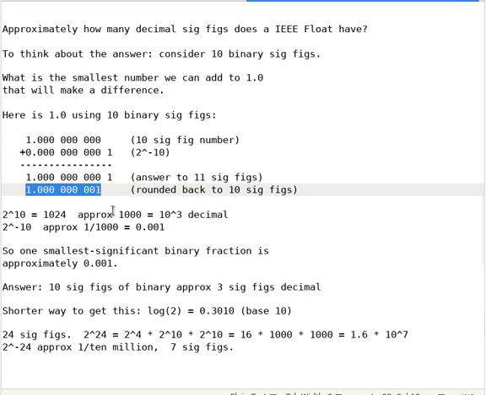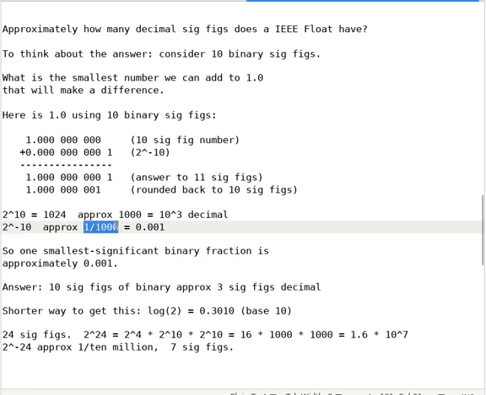So what is 2 to the minus 10th numerically in decimal? Well, we know approximately, because we know that 2 to the 10th is 1024, which is pretty close to 1,000, which is 10 cubed. So 2 to the minus 10th is approximately 1 over 1,000.